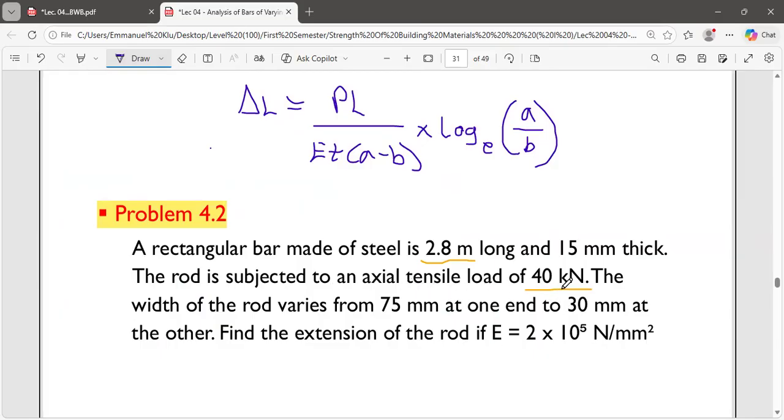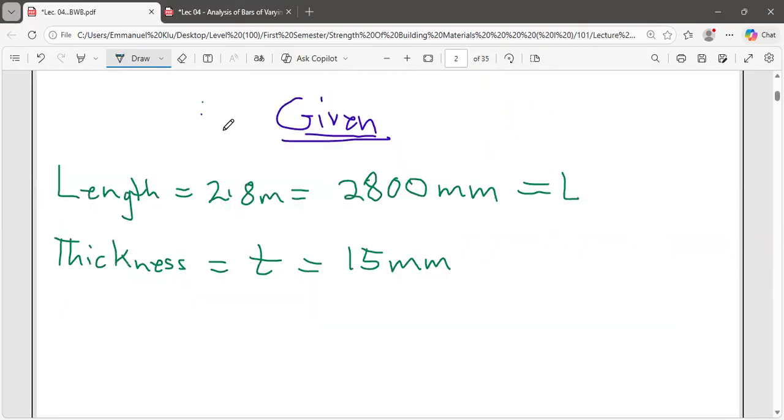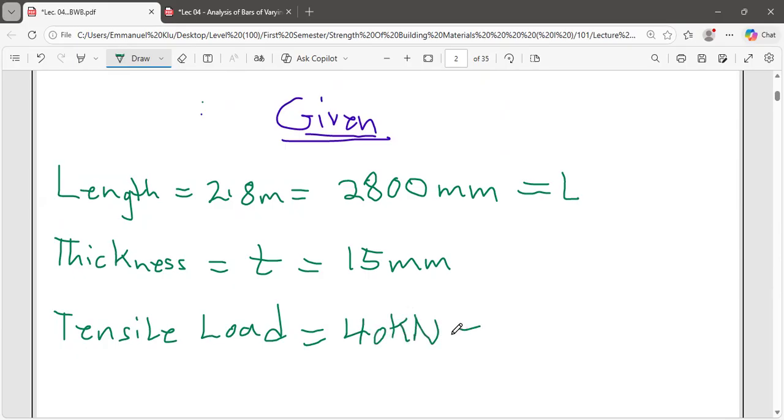It's a tensile load of 40 kilonewton. So the tensile load is equal to 40 kilonewton, which is the same as 40 times 10 exponent 3 Newton.